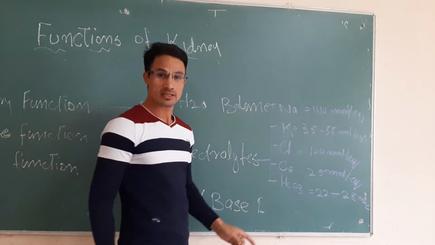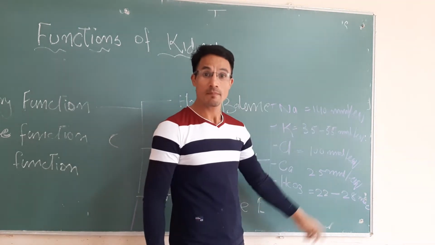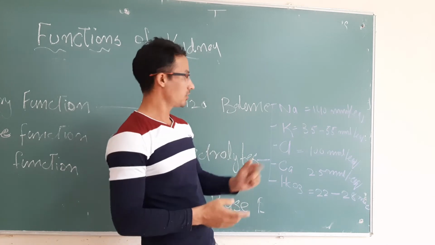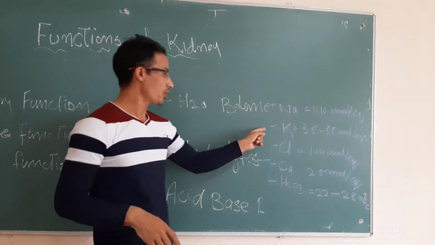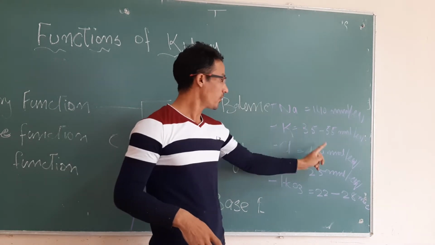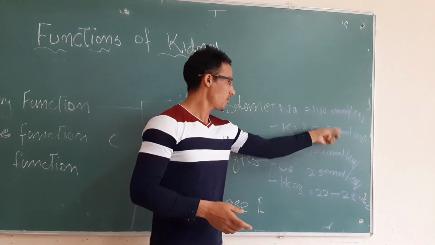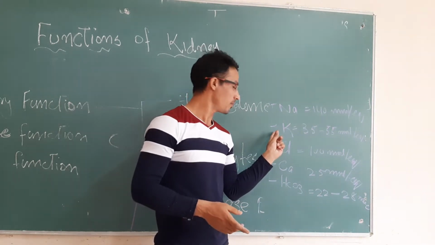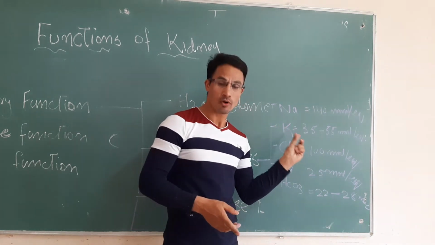First, the normal concentration of sodium in the blood is 140 milliequivalents. Second, potassium, that's 3.5 to 5.5 milliequivalents per liter. This electrolyte potassium is very important in the body.